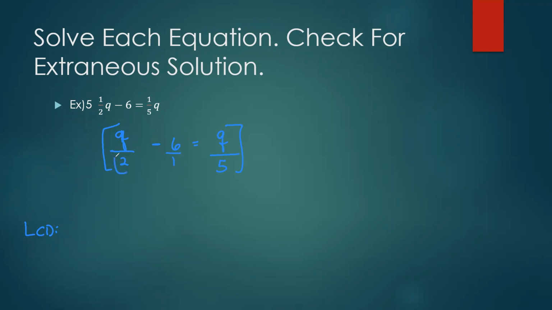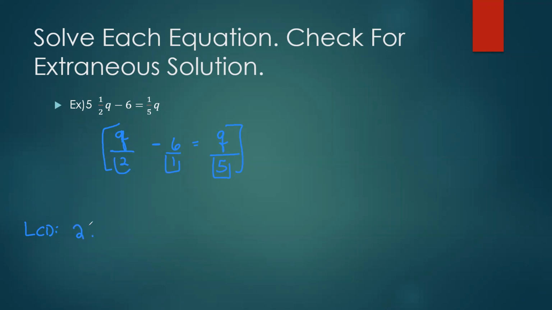So on the bottom, we have a 2, a 1, and a 5, and they're in the most prime form, so that's good. Usually you have to break it down. Let's start with the base of 2. Do you see anywhere else in the denominator with the base of 2? No, we don't, so bring that down. The base of 1, do you see it anywhere else?